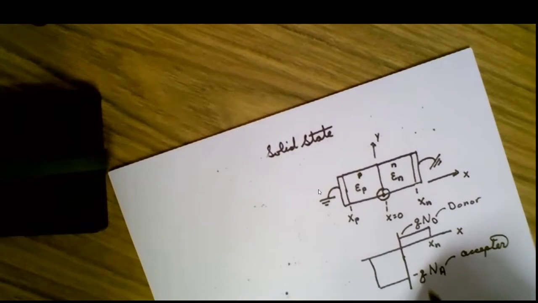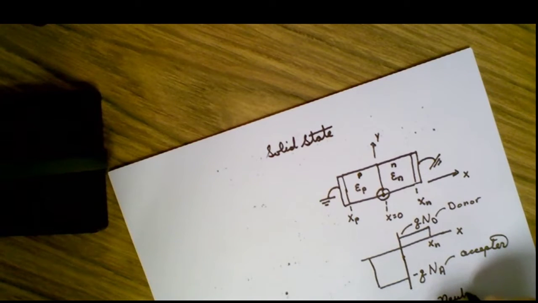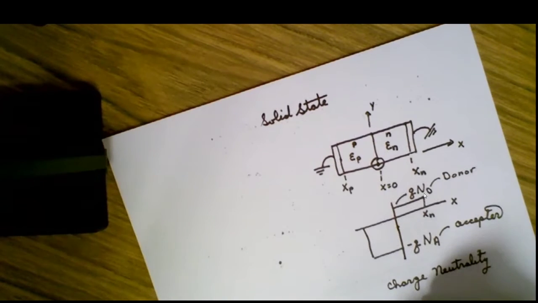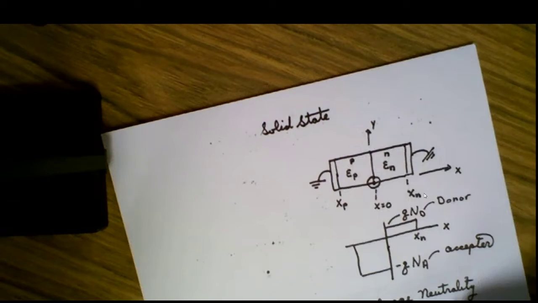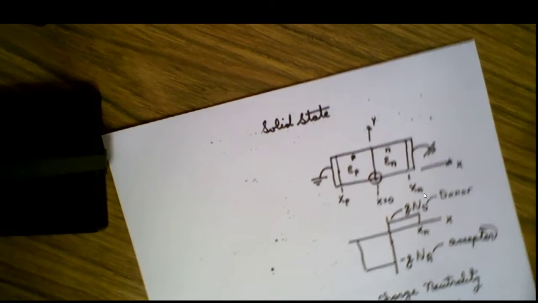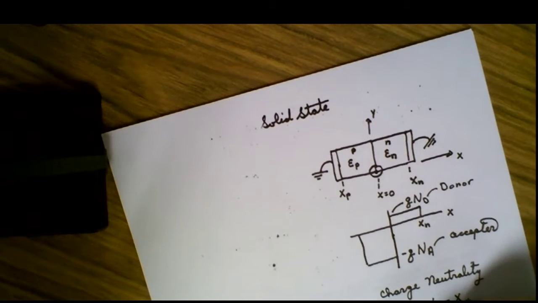And consequently, for this particular problem, we must force the condition of charge neutrality, which is x sub p times n sub a is equal to x sub n times n sub d.